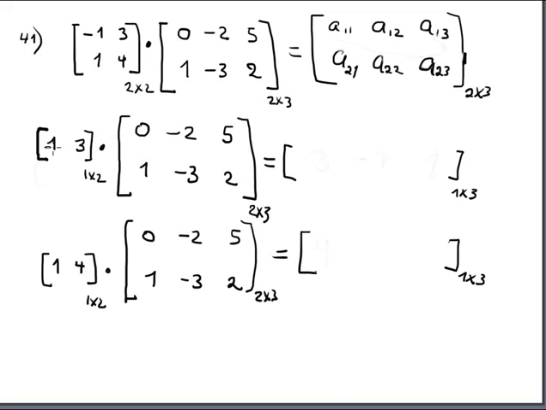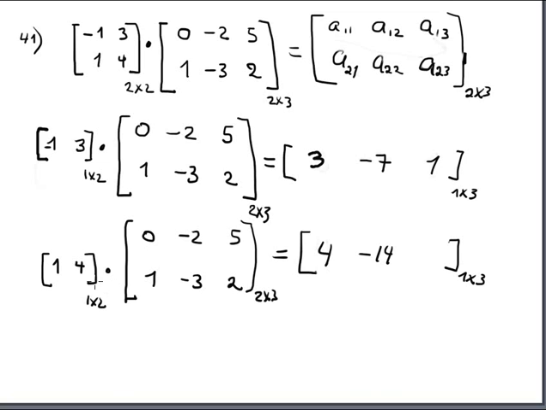So let's do the multiplication. -1 times 0 is 0, 3 times 1 is 3. -1 times -2 is 2, and 3 times -3 is -9. -9 plus 2 is -7. -1 times 5 is -5, 3 times 2 is 6, is +1. 1 times 0 is 0, 4 times 1 is 4. 1 times -2 is -2, and 4 times -3 is -12, is -14.